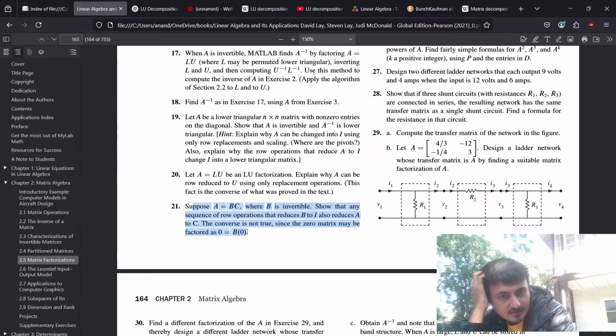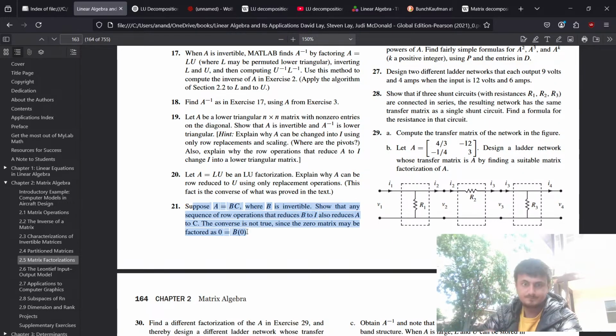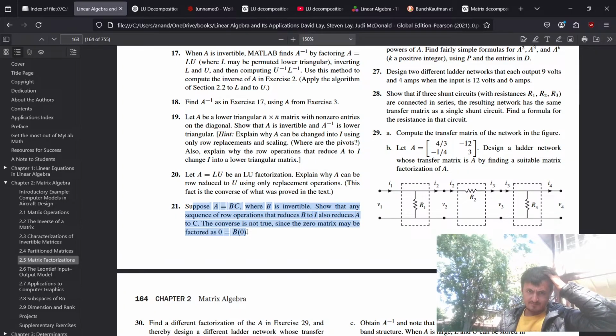Show that any sequence of row operations that reduces B to I also reduces A to C. Okay, so let's say we had A equals BC, B is invertible, and then we want to show that the row ops that go from B to I also go from A to C.